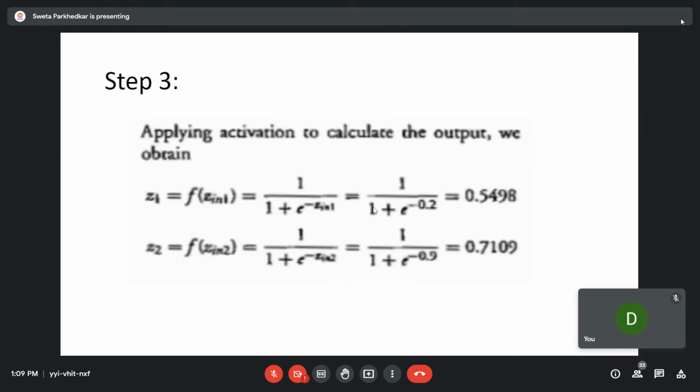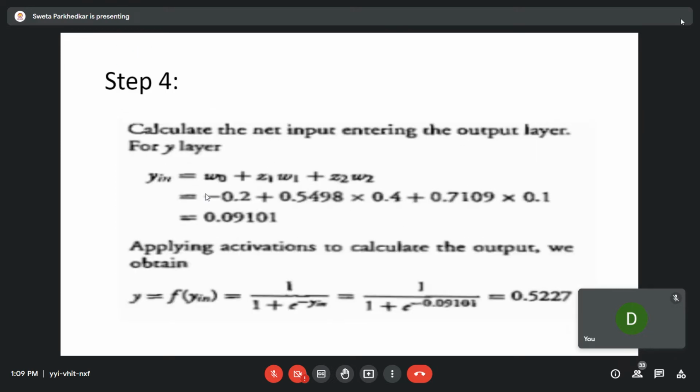Okay. So step 4 में you need to calculate the net input entering the output layer y. So it's y in equals to W0 plus Z1 W1 plus Z2 W2. And you need to apply the activation function to the output layer also. You apply the activation function, sigmoidal function, and you will get this y is equals to f of y in.